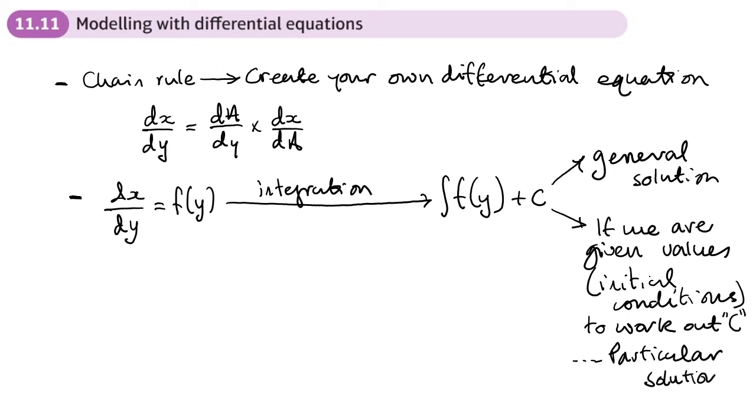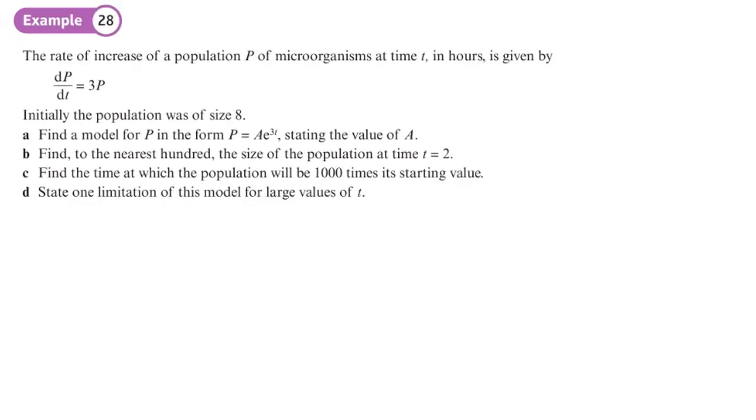So this brings together all the stuff that we've done in the integration chapter, and some of the stuff on creating differential equations from the differentiation chapter. So let's have a look at some examples.